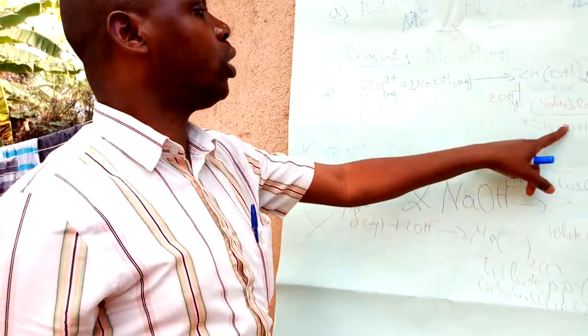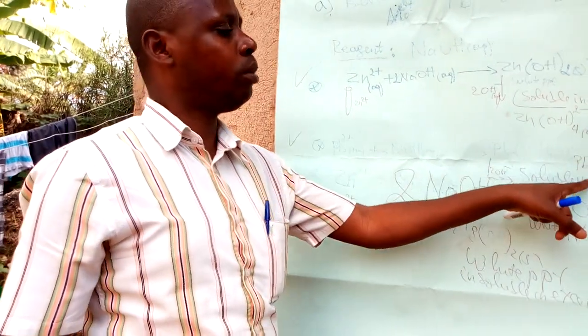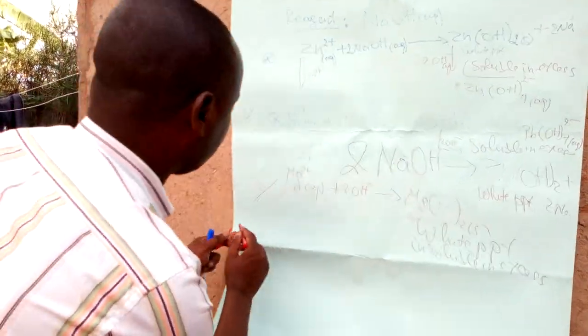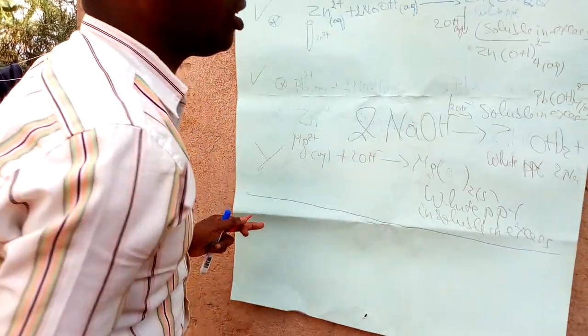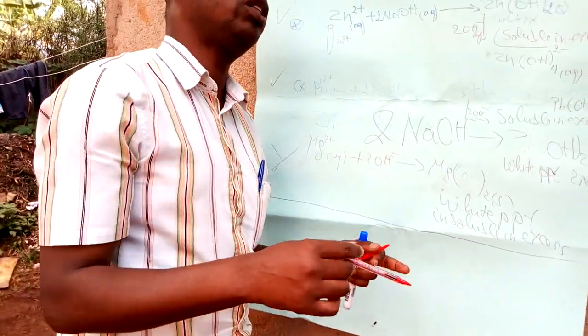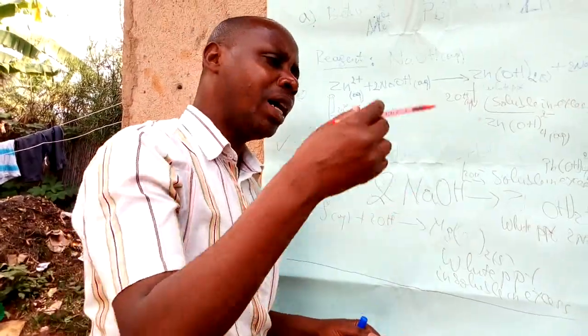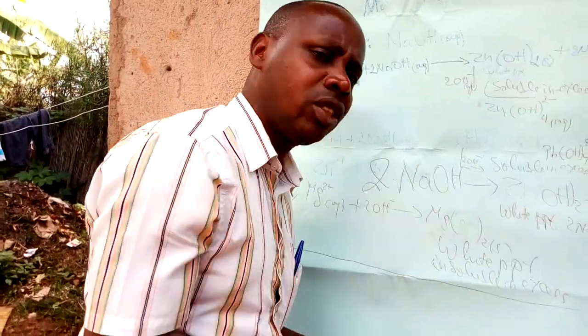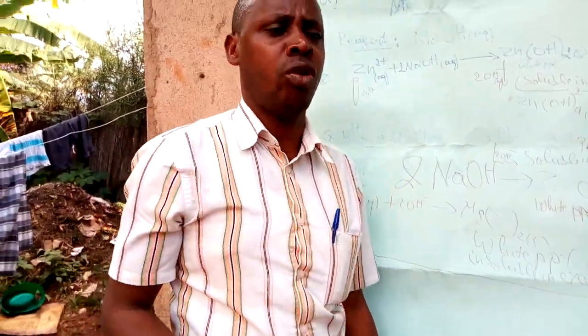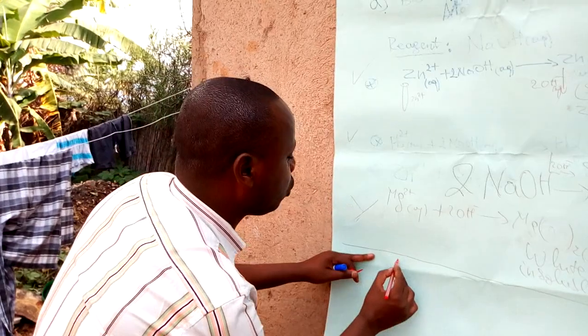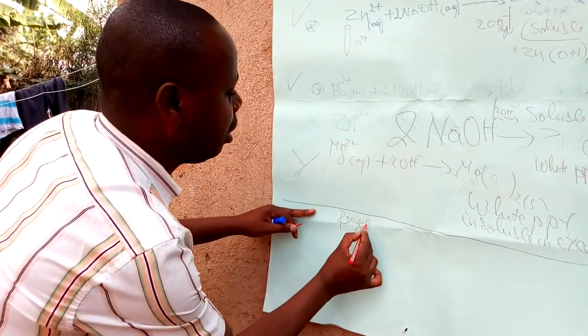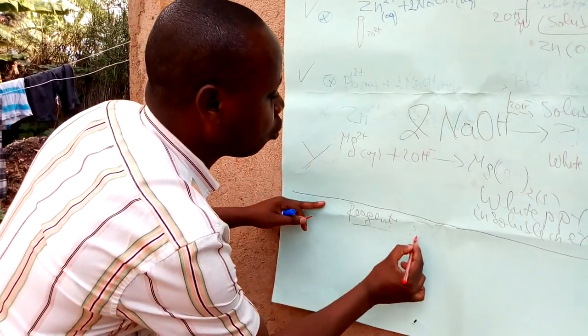One is soluble in excess and the other is soluble in excess too. Zinc can react with a base which is not strong, so the reagent which you have to add again will be ammonia solution.